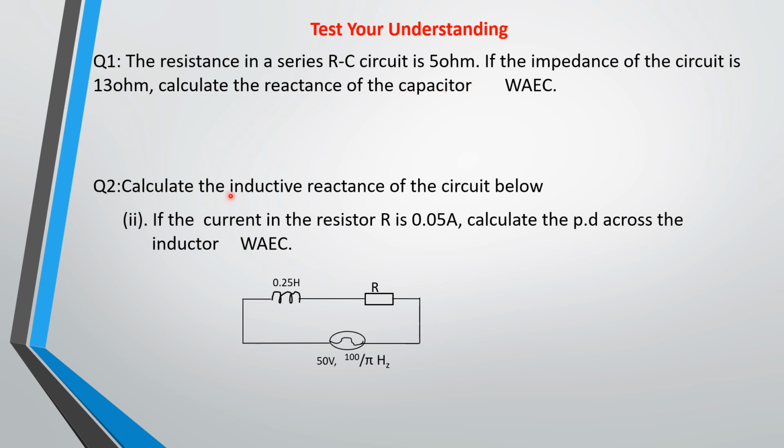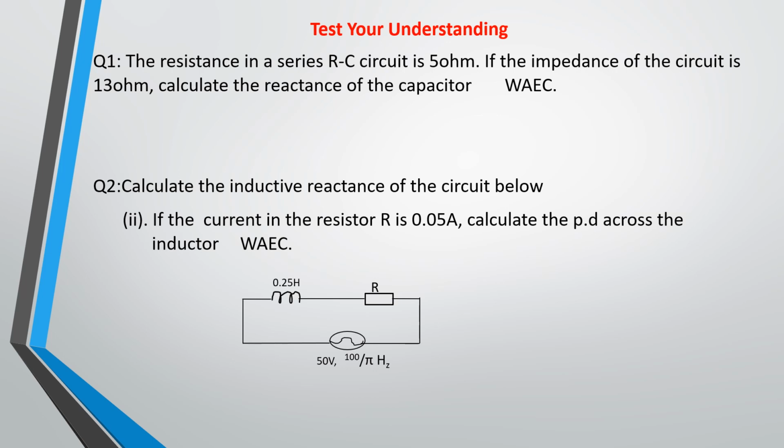Then this one says calculate the inductive reactance of the circuit below. So here you are looking for the inductive reactance for that particular circuit as it is given to you. In this circuit you have an inductor and what? A resistor.